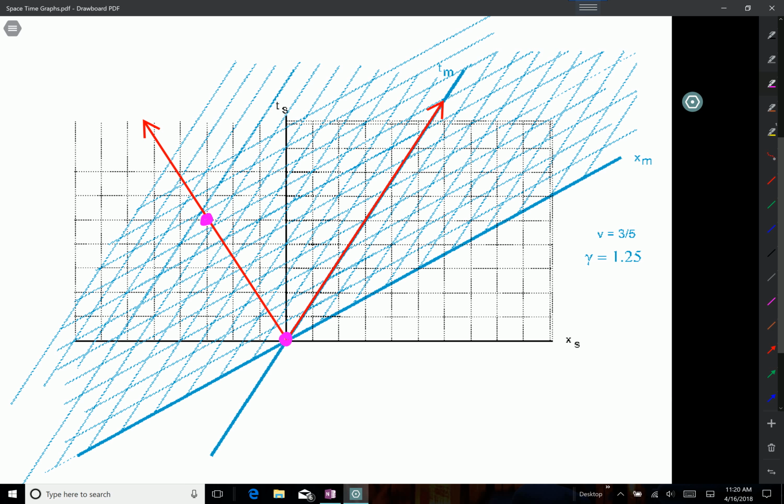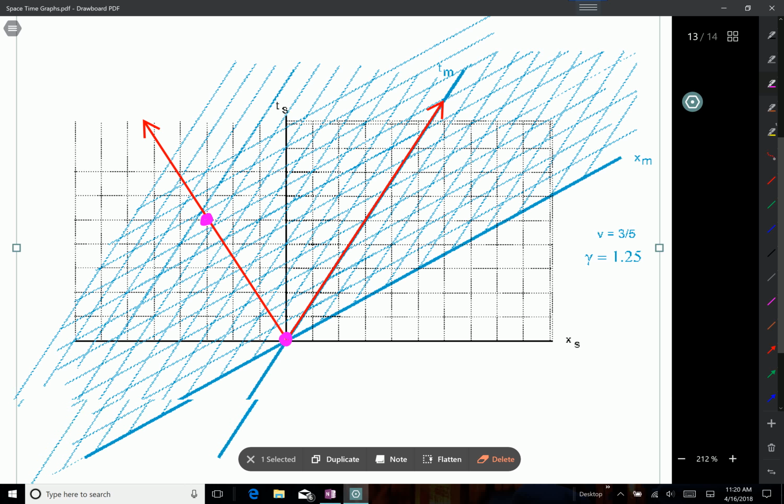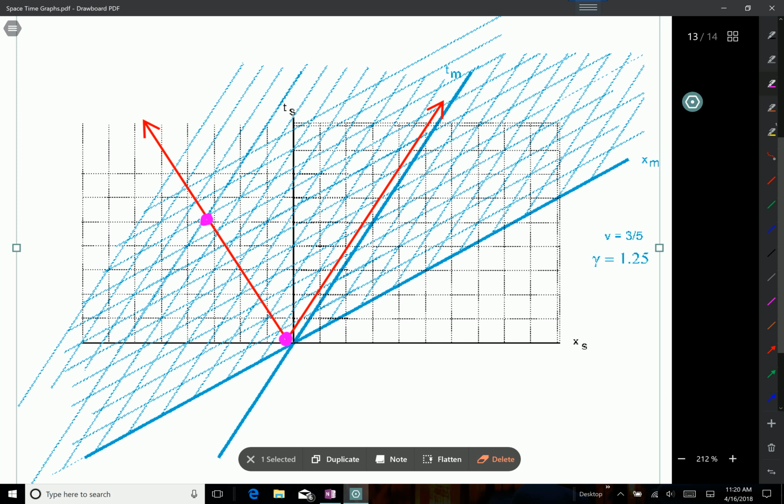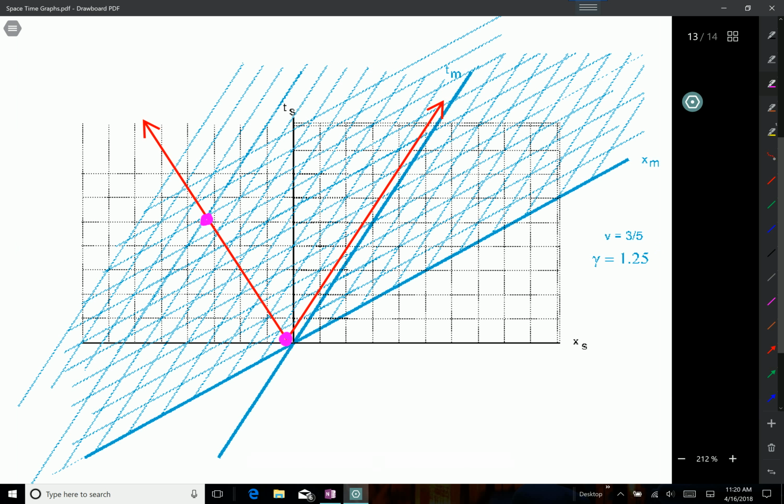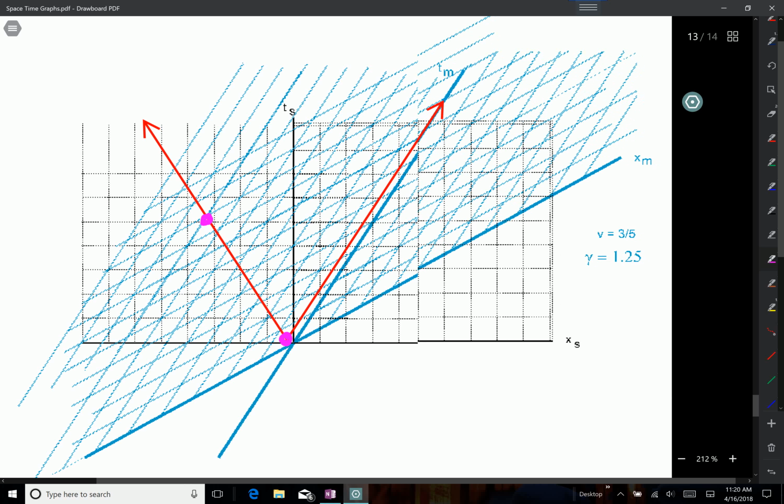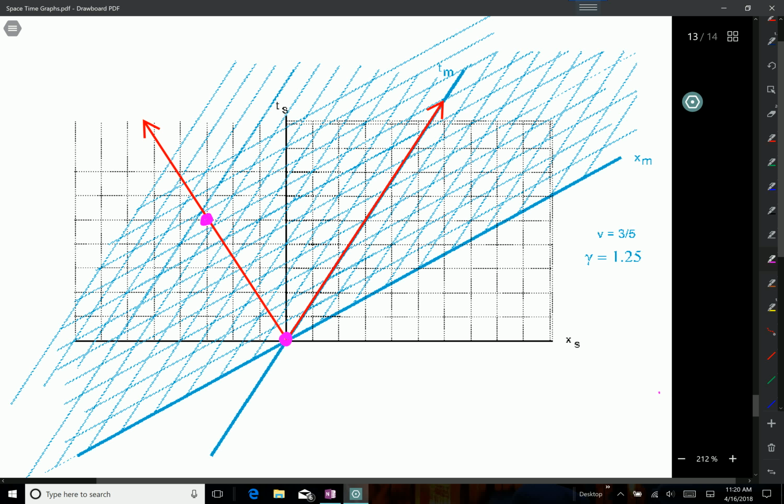The perpendicular observer tells me the speeds are 3/5, so we can see from here to here between the two dots, this is a delta TS, and that's 5 seconds.